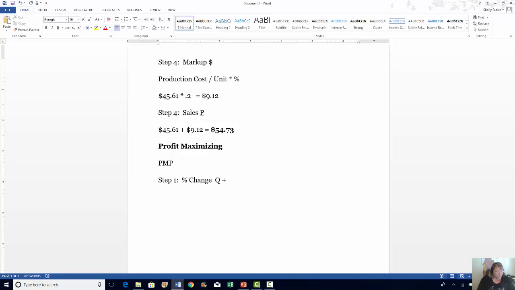Okay, percent change for quantity plus the percent change in price. So I should underline that. Oh, I wish that would just go off. You'd think I'd remember. Okay.